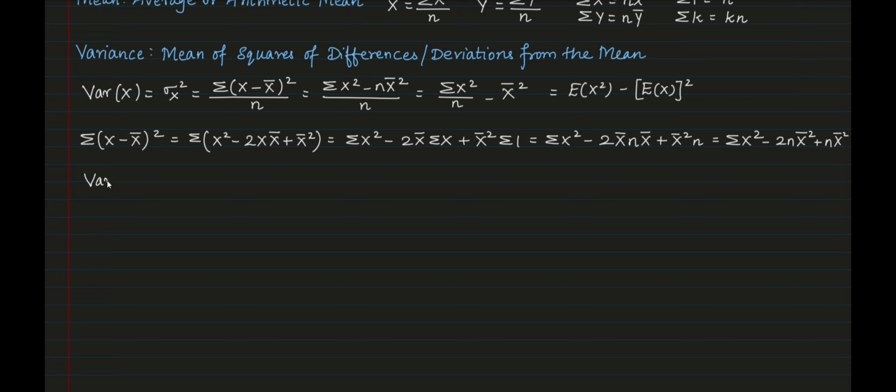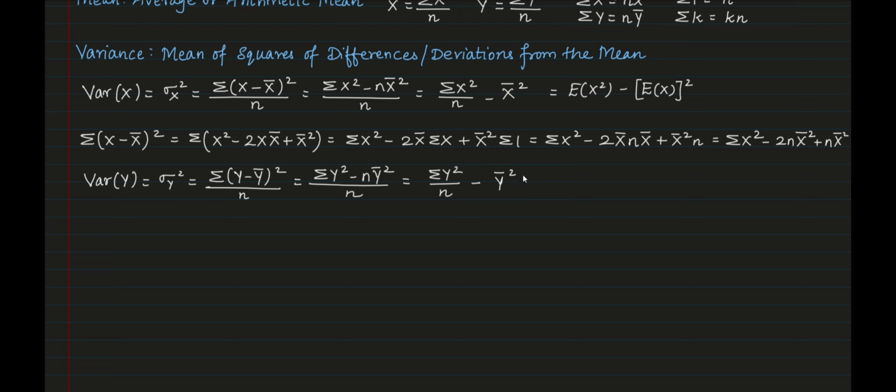So in similar lines we write variance of y as sigma square y, which is nothing but summation of y minus y bar the whole square by n, or summation of y square minus n y bar square the whole divided by n, or mean of y square minus mean of y the whole square, which is expectation of y square minus expectation of y the whole square.